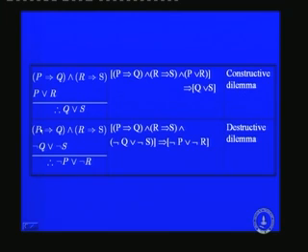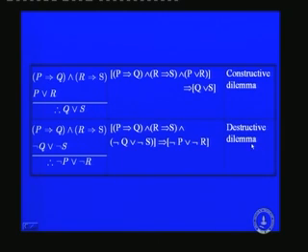And if you have P implies Q and R implies S, and not of Q and not of S, from this you can conclude not of P or not of R. In the tautological form, it is like this: P implies Q and R implies S, and not Q or not S implies not P or not R. This is called destructive dilemma.